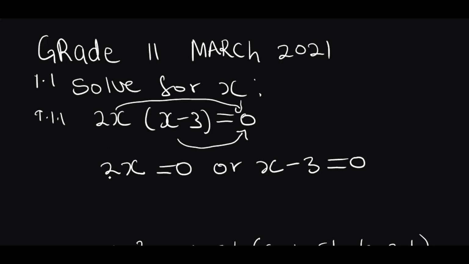Now if we divide both sides by 2, we will get x = 0 or x = 3, because we transpose the negative 3 to the right hand side. Right, we are done with 1.1.